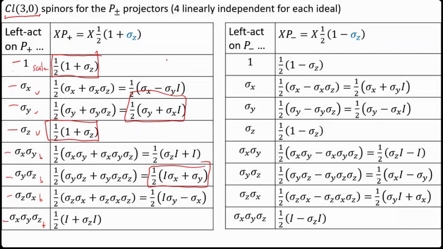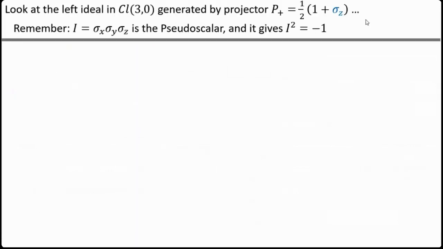So this ends up only being 4D, and with P minus, it's another 4D. When you use these projectors, you split the 8D space into a couple of 4D spaces, and that's where the spinors live.